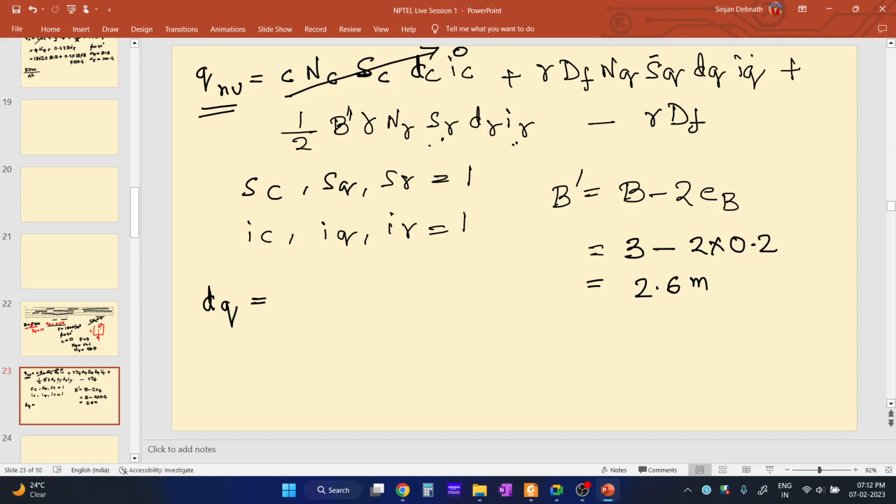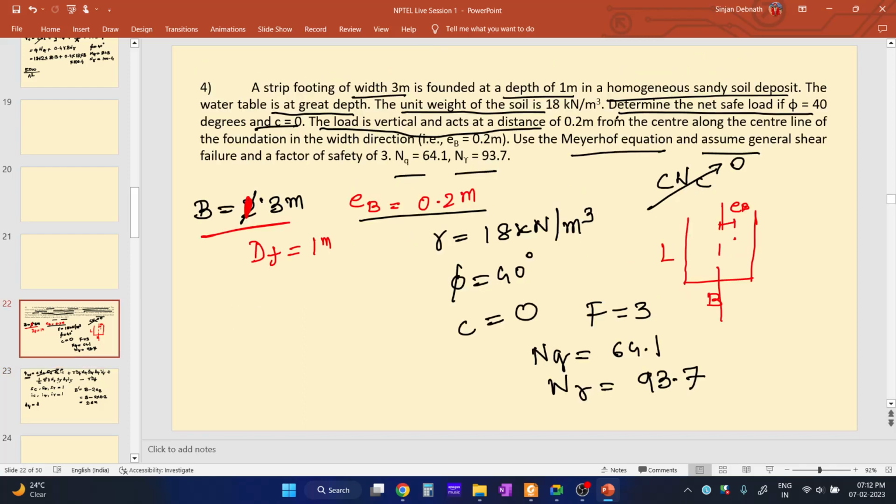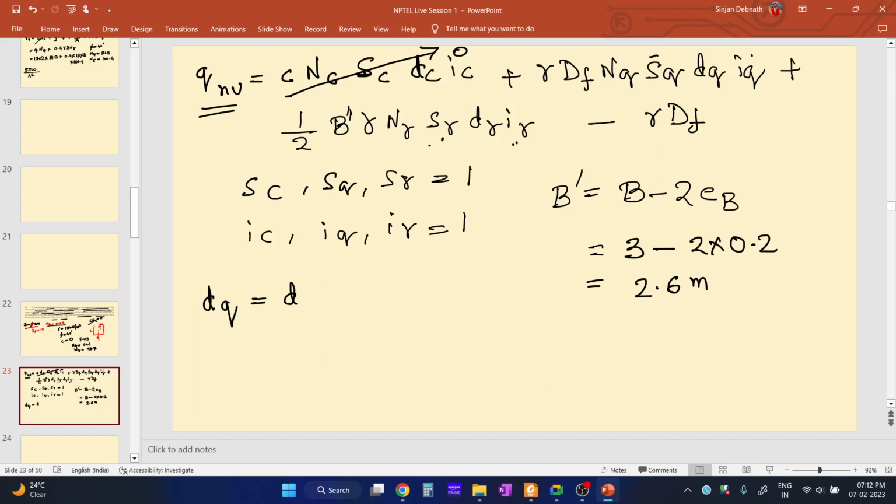The formula for DQ and D gamma are same according to Meyerhof equation. So DQ equal to D gamma, the equation is 1 plus 0.1 root over of Kp df by b dash. Now Kp, what is Kp? Kp is the earth pressure coefficient for passive resistance.